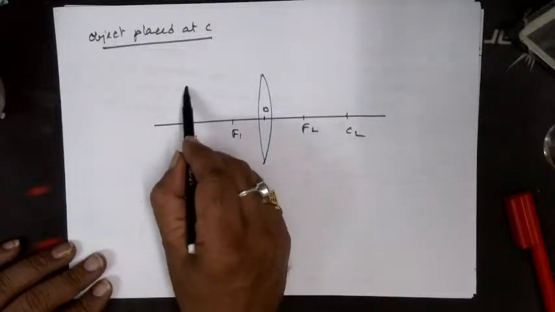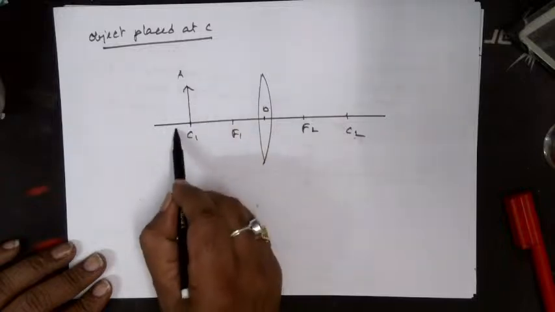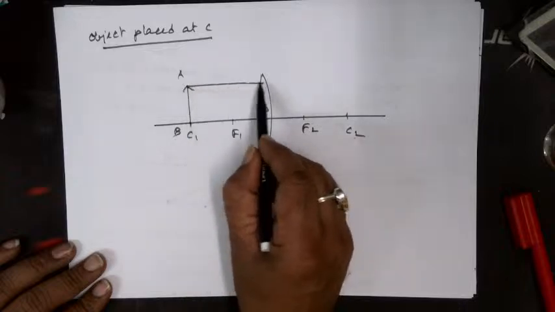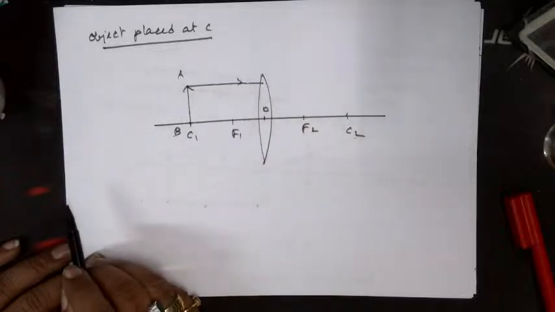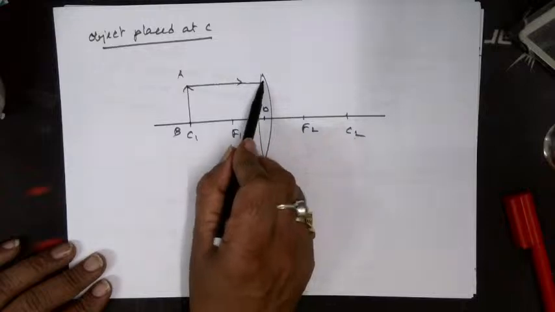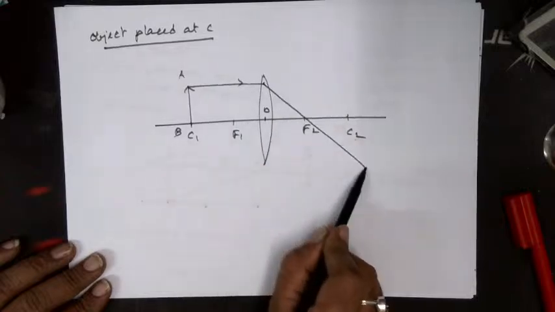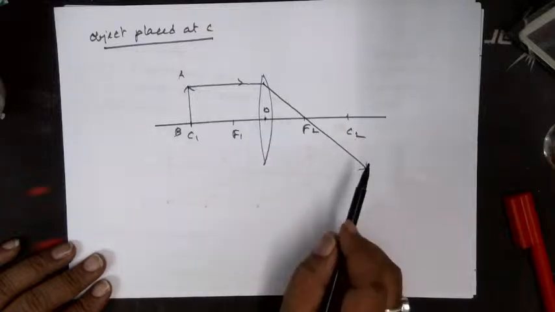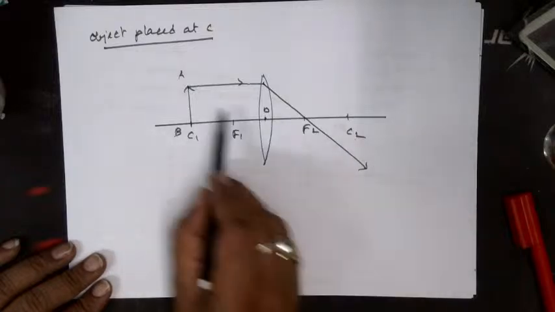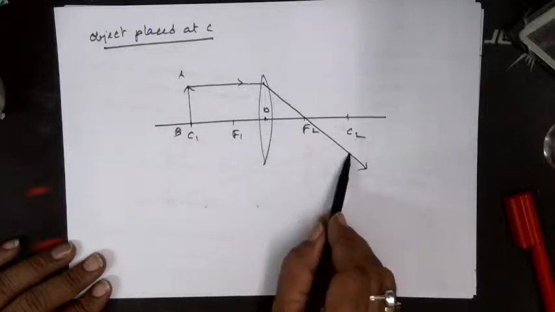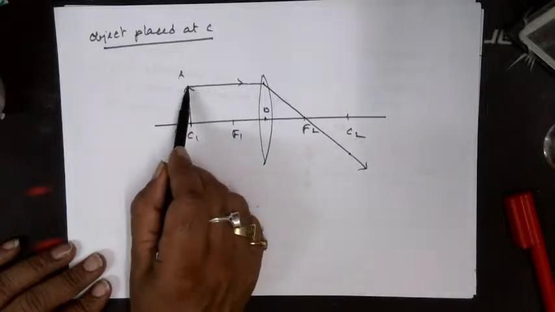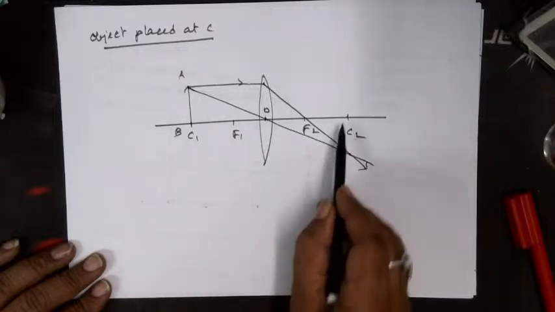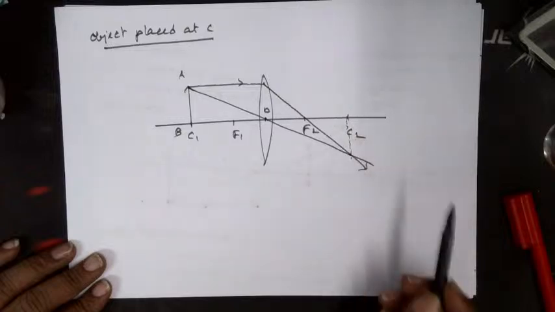So this is A, B. Now you can draw a parallel line and it passes through the F2, and another line that passes through O straight away meets at C2.